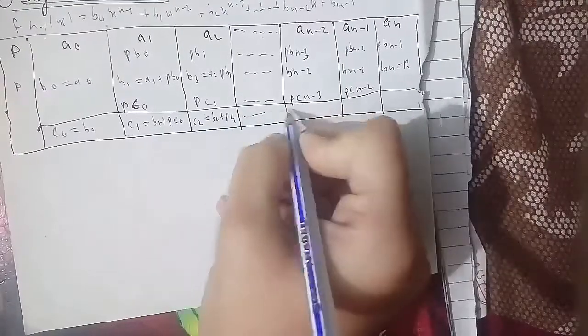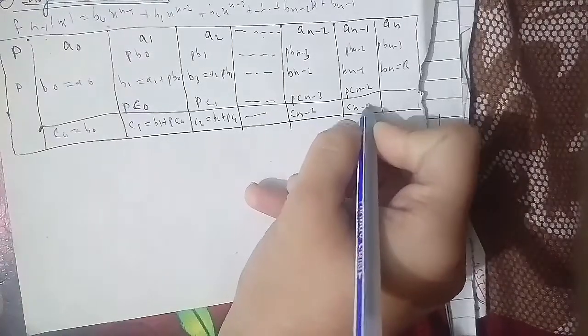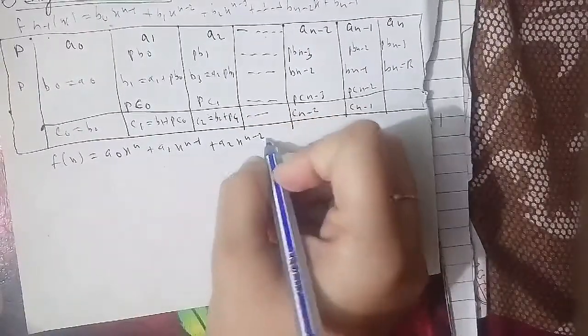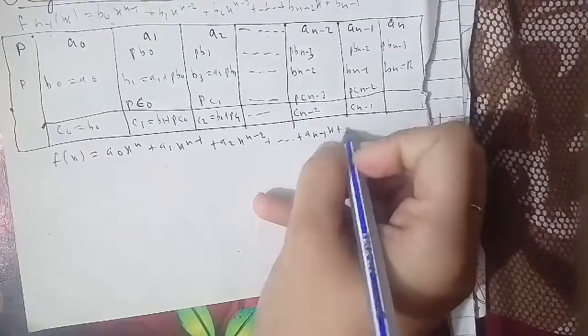According to the Birge-Vieta method, the next approximation of the root, which we name p1, equals p0 minus bn upon c(n-1). This relation can be recursively expressed as p(k+1) equals pk minus bn upon c(n-1), where k equals 0, 1, 2, and so on.